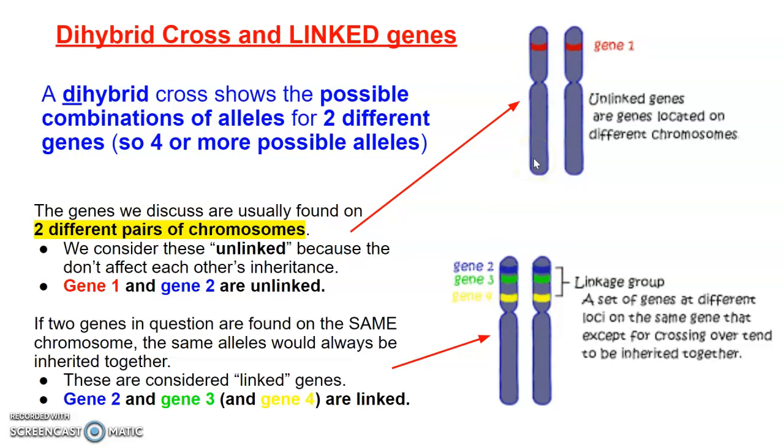So with independent assortment during meiosis, we can get different combinations of chromosomes holding different alleles. So we would call these genes unlinked. So gene 1 and gene 2, for example, or gene 1 and gene 3, or gene 1 and gene 4. They are considered unlinked from each other because they can be inherited in different combinations because they are on different chromosomes. So pause here, process that information and make a note, please, and then we will move on.